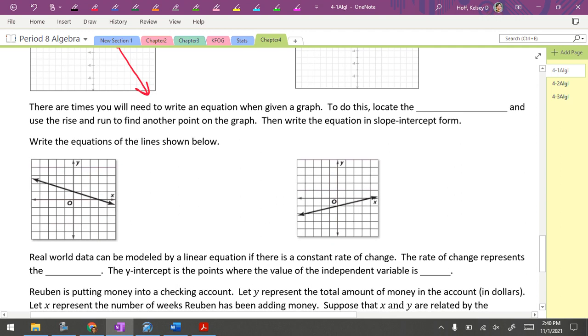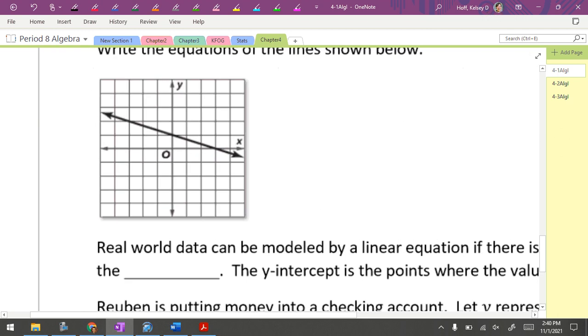There are times that you need to write the equation when given a graph. To do this, locate the y-intercept, and then use your rise and run to find another point on the graph. Then write the equation in slope-intercept form. Write the equations of the lines shown below.